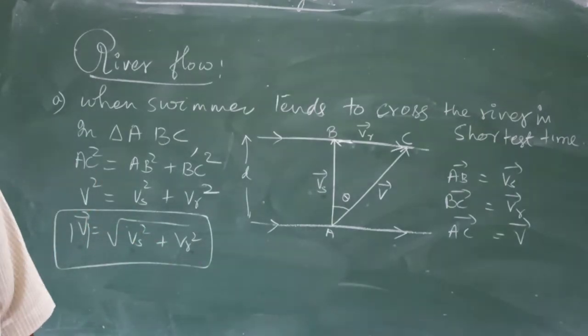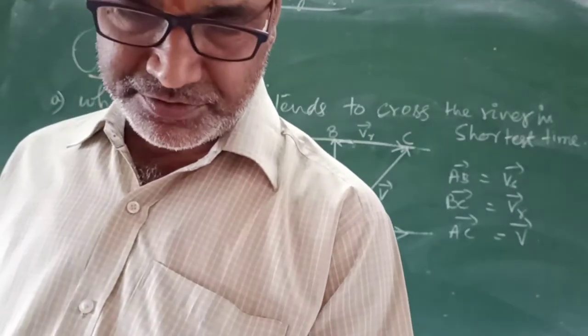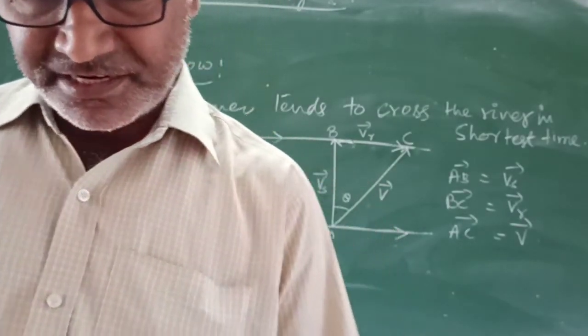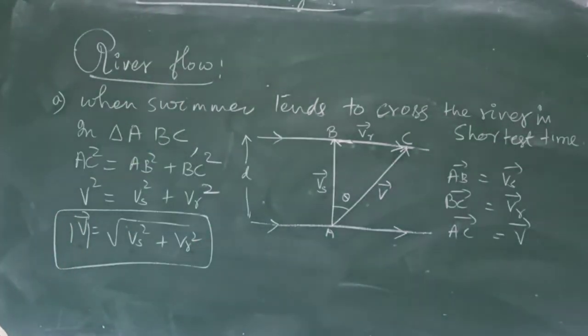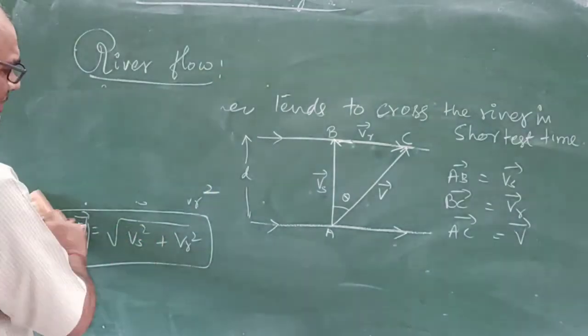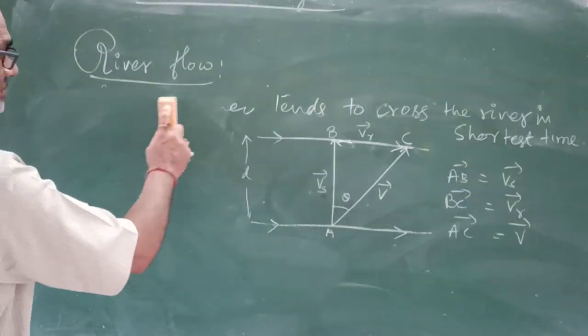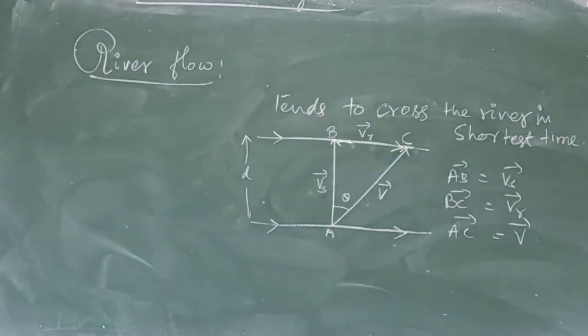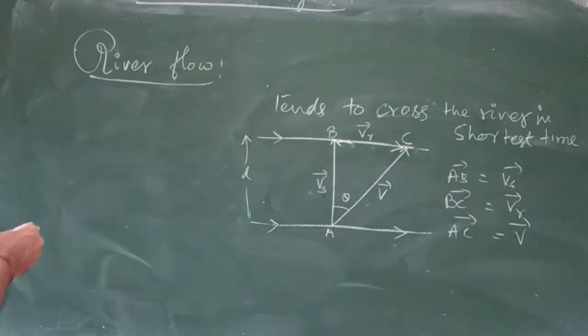Now, in which direction? Now we want to find the direction of the resultant velocity of swimmer. How can you find the direction? To find the direction, we can apply tan theta.